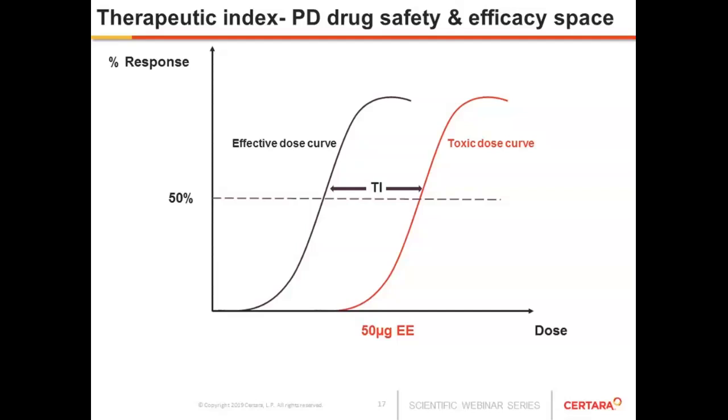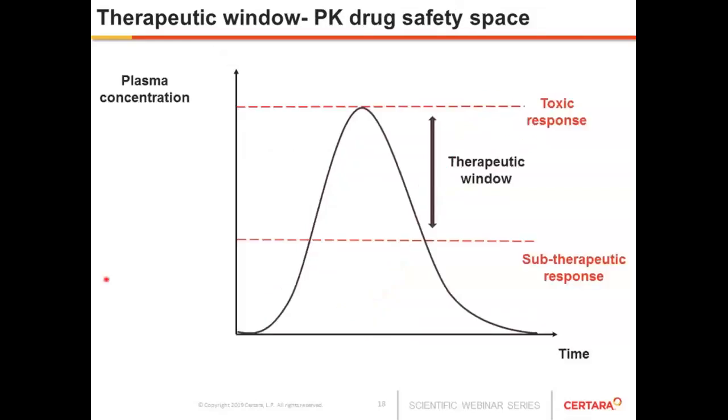So what we decided was that we were going to use that information about the 50 microgram in establishing a PK safety space. In the absence of a PD safety space, we'll identify a PK safety space. A PK drug safety space enables you to define your therapeutic window.